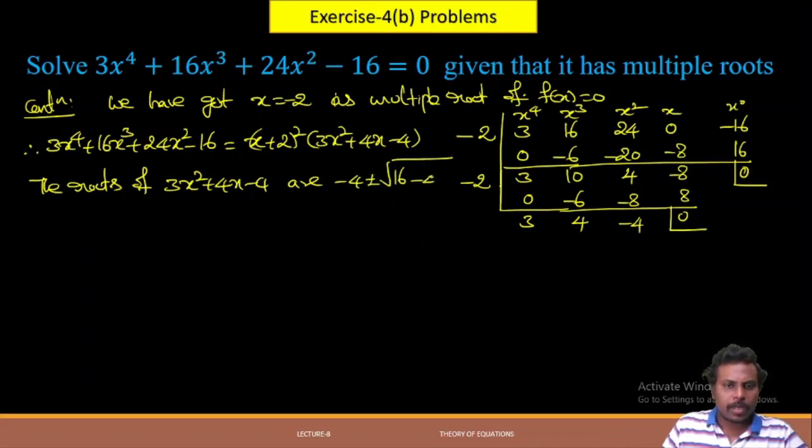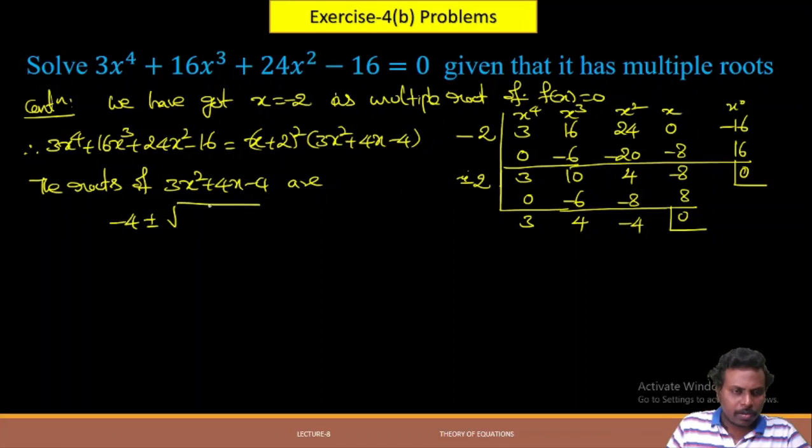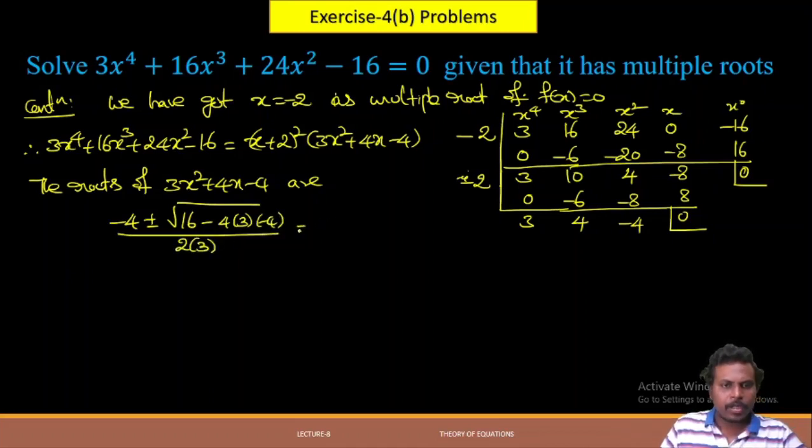That is (-4 ± √(16 + 4·3·4))/6, where 4 into 3 is 12, 12 into 4 is 48.